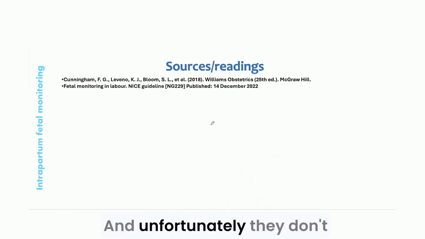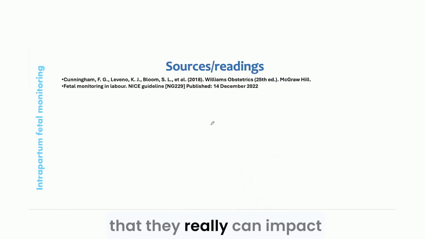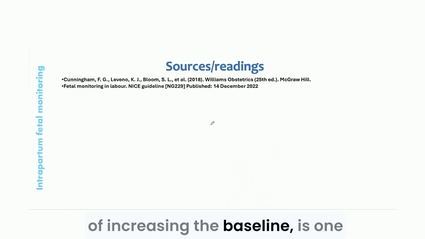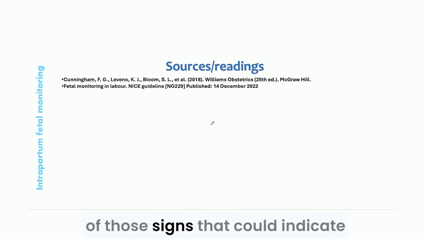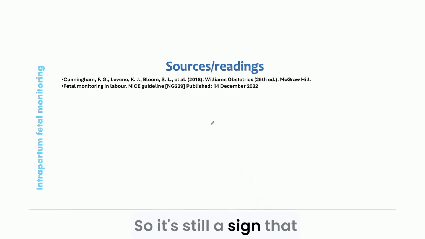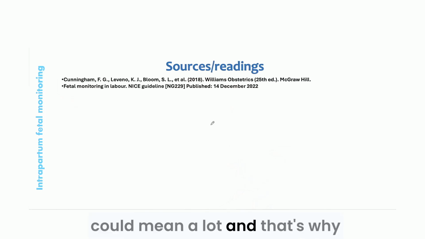And unfortunately, it doesn't necessarily have a lot of signs in the CTG, despite the fact that it can really impact the outcome of the baby. So what I mean basically is that an increasing baseline is one of those signs that could indicate either infection or hypoxia as well. So it's still a sign that could mean a lot, and that's why we have to be mindful of it.